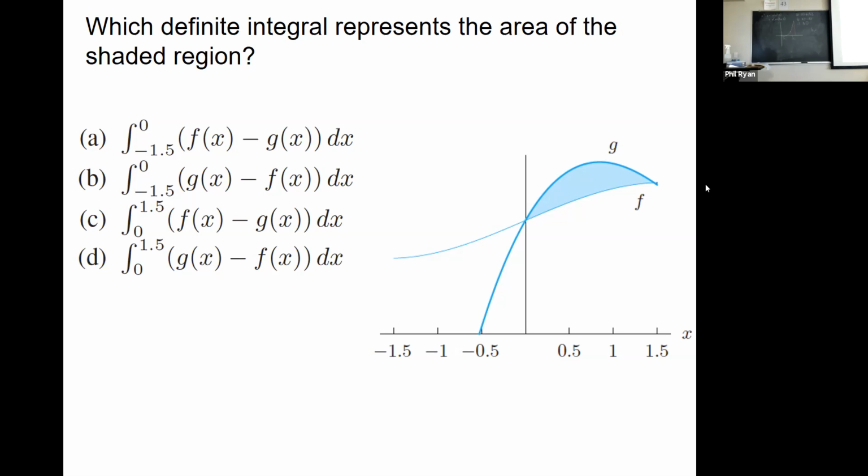I mean, if it was 0 on top and then positive 1.5 on the bottom, like the A and B got flipped. Oh, you mean like? Yeah. Then that would be like the rectangles having negative width. And so that would be the negative of the integral from 1.5 to 0. Okay. There we go.